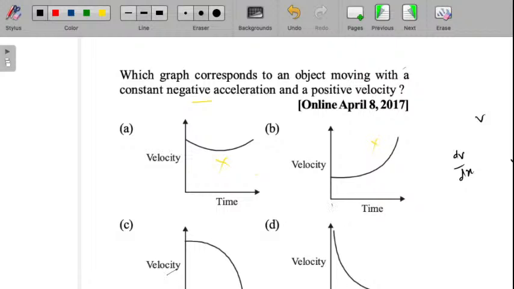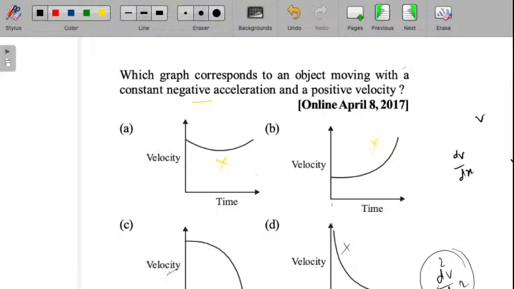At the beginning of the displacement, it can't have an infinite velocity. So this cannot be a graph of v versus d. So your graph is going to start like this. So this is your v versus d graph. Again, you can see this is a graph which has a negative curvature. So you can go into d square v by dx square and understand why the graph is going to be like this and not like this.